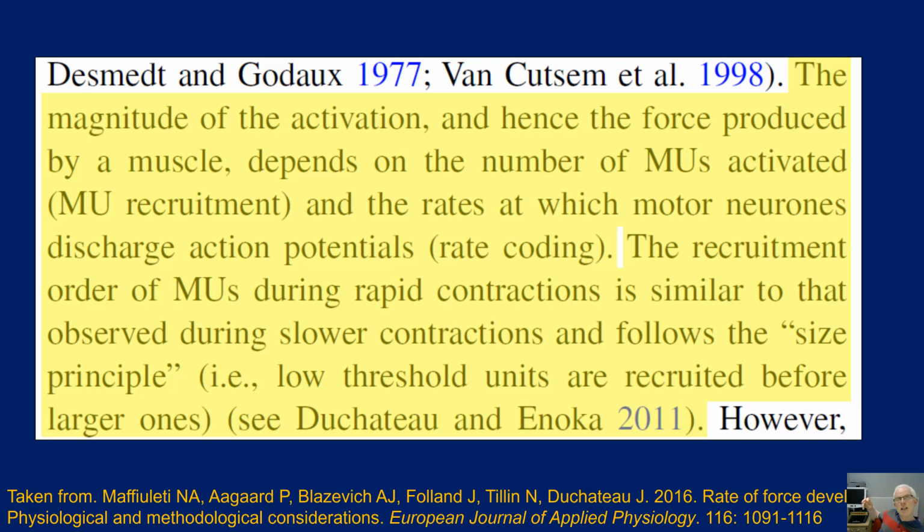But as we increase the amount of force we want to produce, and probably also the rate at which that force is generated, we not only have to recruit more motor units, we also have to get them to discharge the action potential, that is the neural signal, more rapidly. So fundamentally, you have to recognise it's a function of both Henneman's size principle, that's recruitment, and the rate at which we can recruit the fibres, which is rate coding.